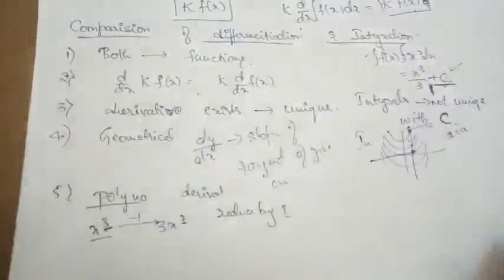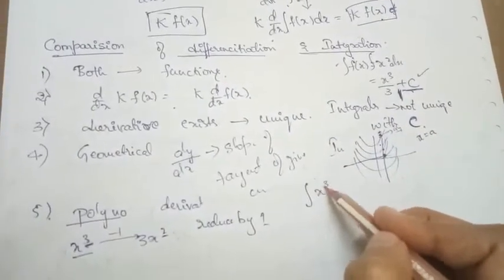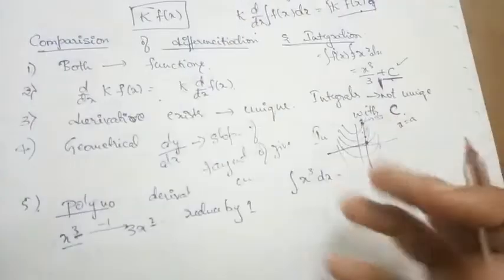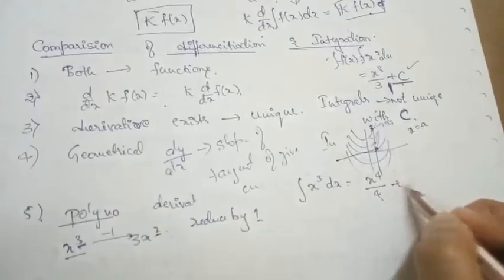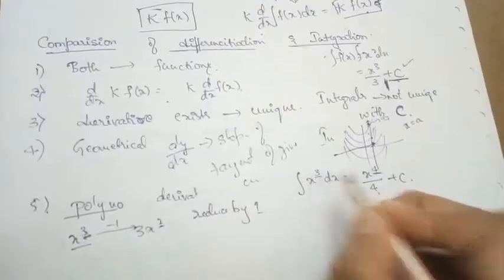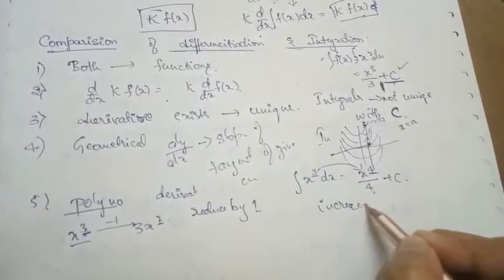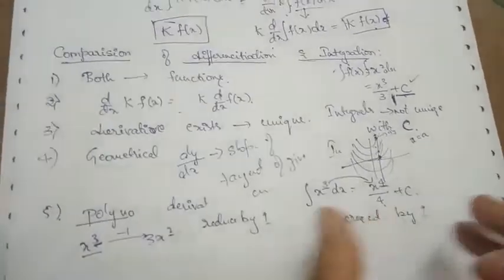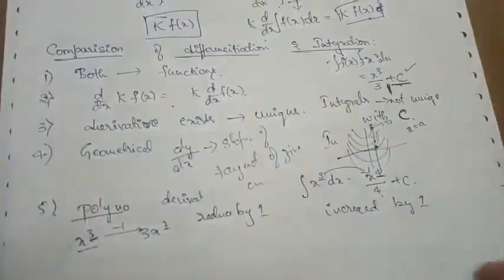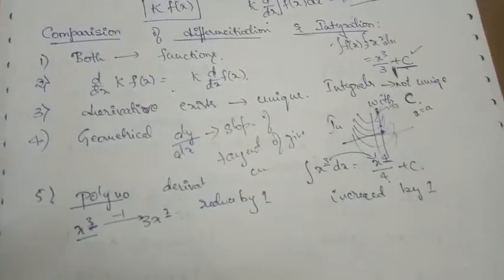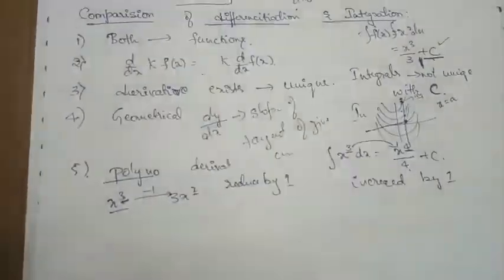But when it comes to the integration of a polynomial function, suppose I integrate the same function, x cube dx, what is the integral of x cube? It is x to the power 4 divided by 4 plus c. So clearly the power of the polynomial function is increased by 1. So upon differentiation, the power of the polynomial function is reduced by 1, and upon integration, the power is increased by 1. So this is one of the comparisons between differentiation and integration.